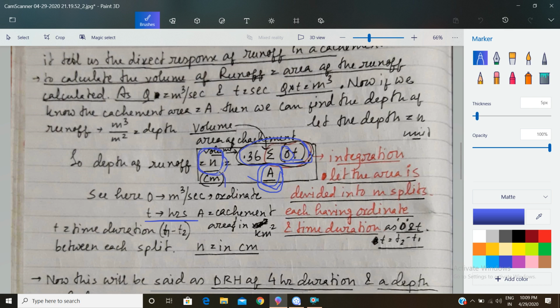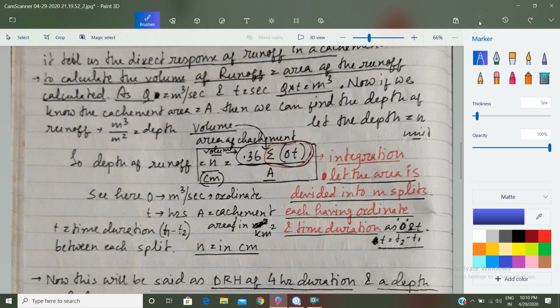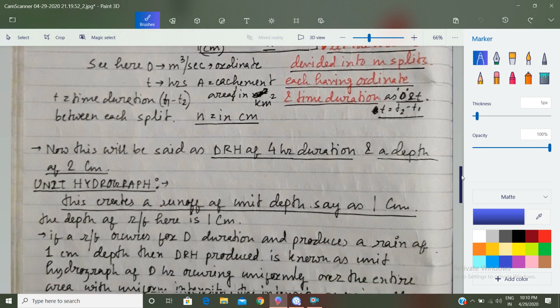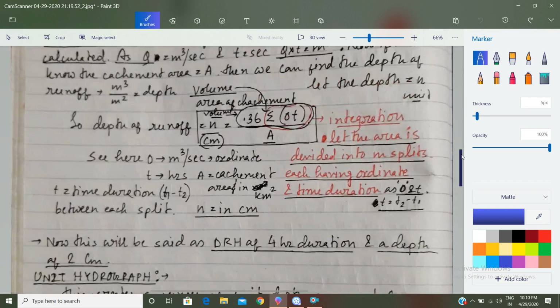So if you want to get the depth in centimeter, you have to multiply the ordinate with time and add all of these, then you will get the area of the hydrograph, meaning the volume of the runoff. Then divide it by the area in kilometer square, and you will get the depth of the runoff in centimeter. Now see, here comes the concept of unit hydrograph.